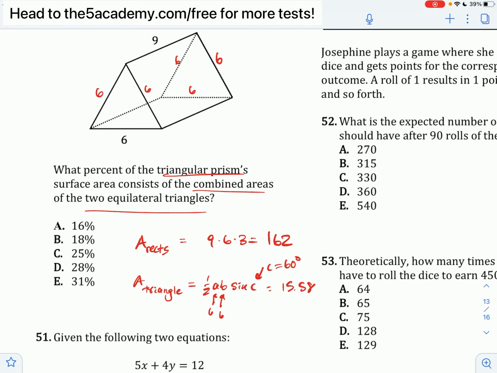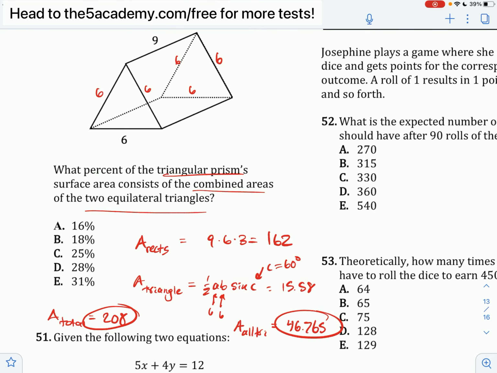Okay, and we have 3 of those, so the area of all triangles equals 15.58 times 3, 46.76. So the total area is equal to 46 plus 162, that's 208. If I divide 46 by 208, I get 22%.